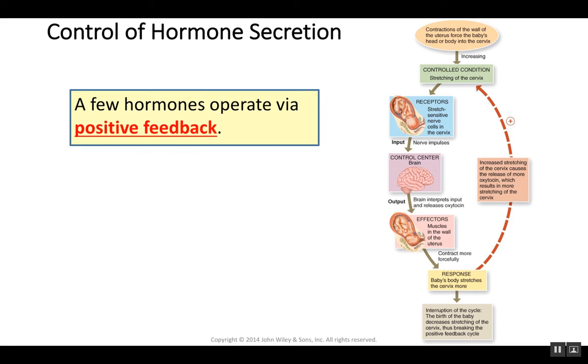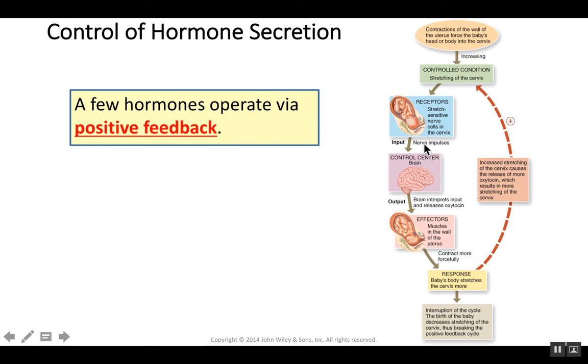So what happens is the uterus has stretch sensors in the cervix. And once that baby starts to push down on that cervix, it stretches it. That sends nerve impulses to the brain that result in the production of a hormone called oxytocin. Oxytocin then stimulates uterine contractions.